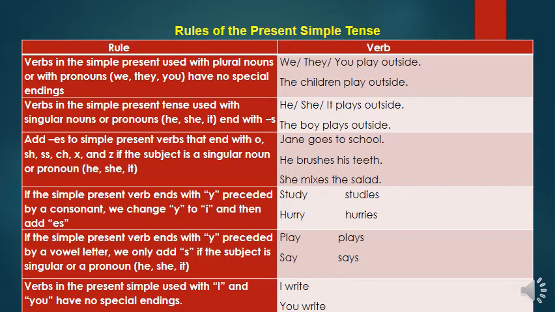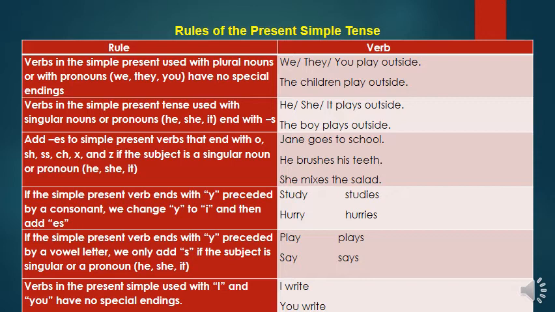It means if the subject, the noun or the pronoun, the doer of the action is singular, we have to add s to the verb. Like he, she, it plays outside, the boy plays outside. We added s to the verb, and now we are going to discuss the spelling rules, but this is the general rule. As you can see, we added s because boy is a singular noun, and he, she, it are singular.